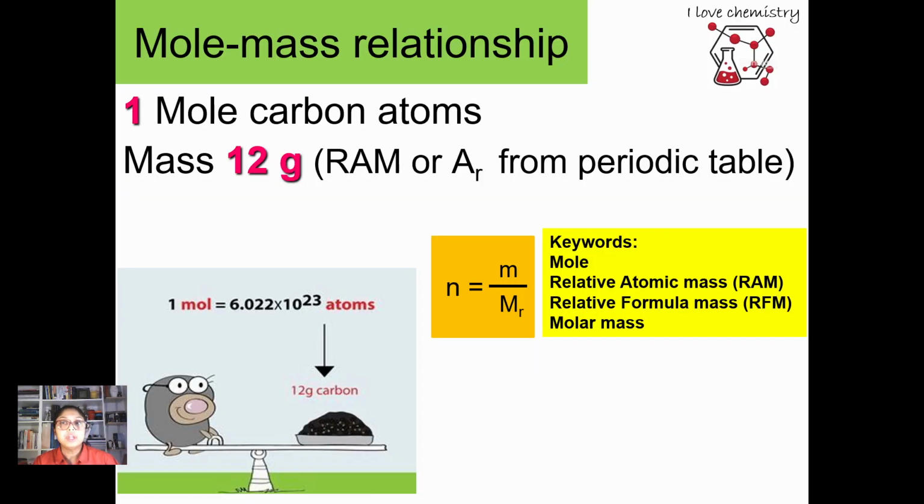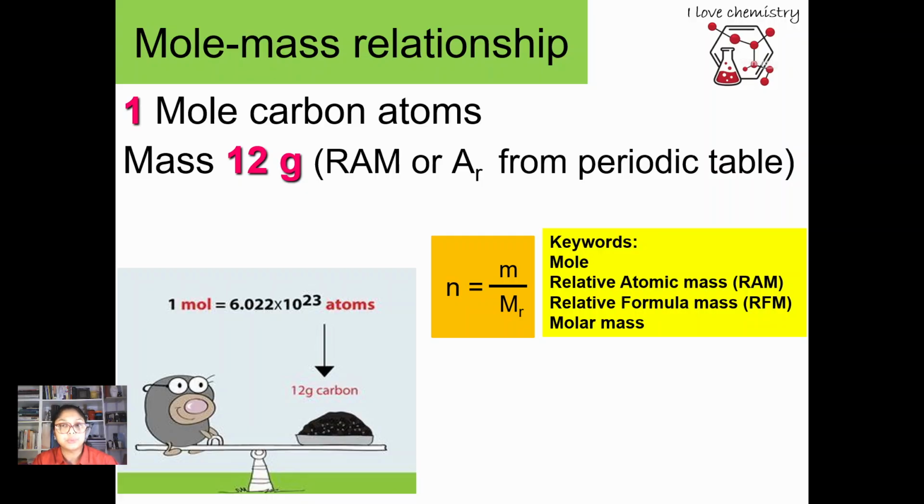In summary, from the previous videos, 1 mole of carbon atoms has a mass of 12 grams. The number is the relative atomic mass, or RAM, with the symbol Ar, which you can find in the periodic table for each element.